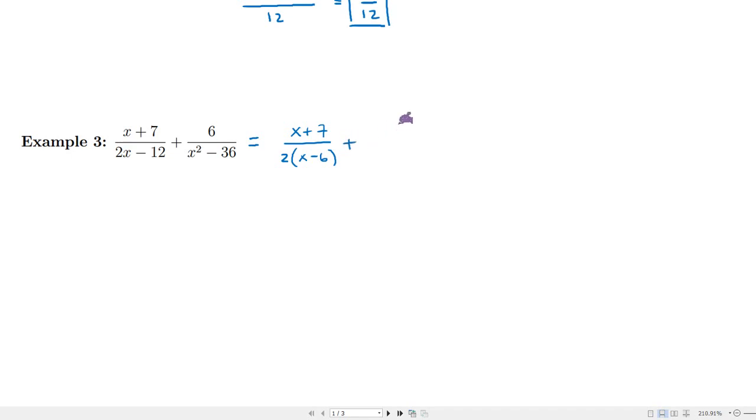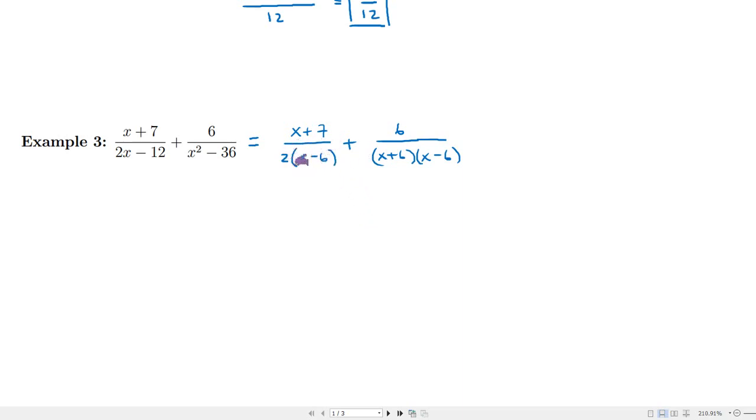And then over here, we can factor the denominator because this is a difference of squares, so that'll be x plus 6, x minus 6. Okay, and now it's a little bit easier when we look at these two fractions to see how we can make a common denominator, right? So what would the least common denominator be?